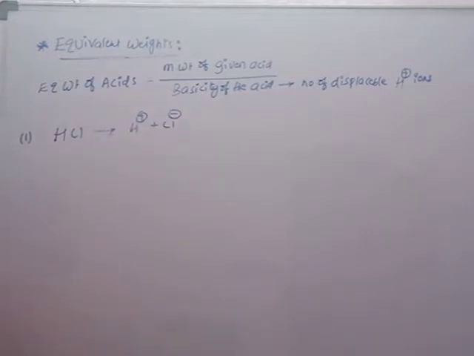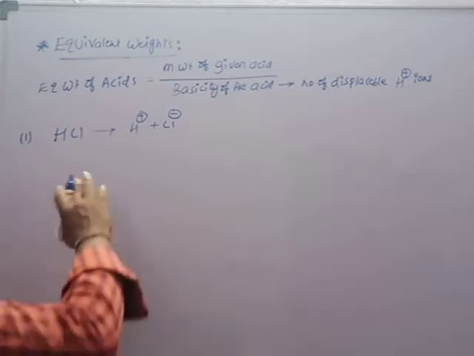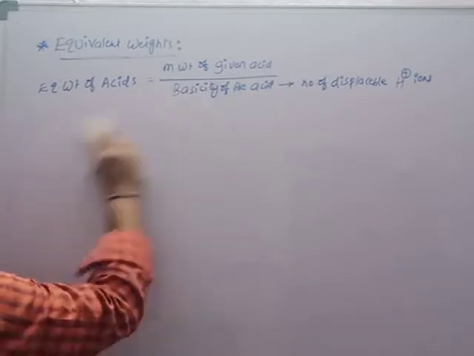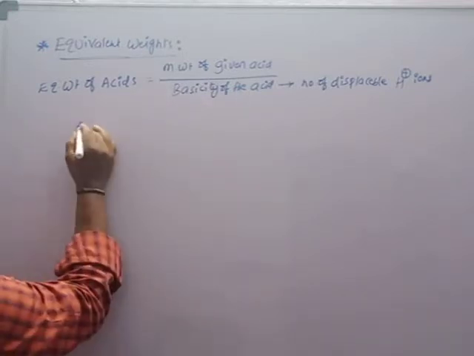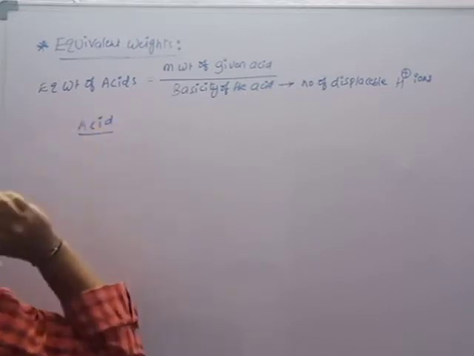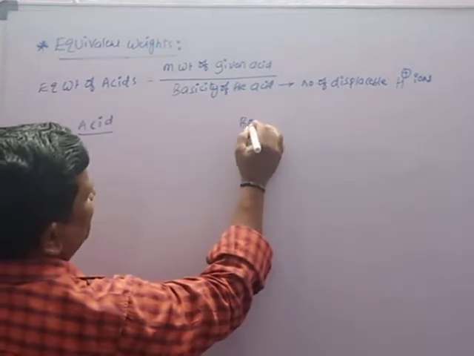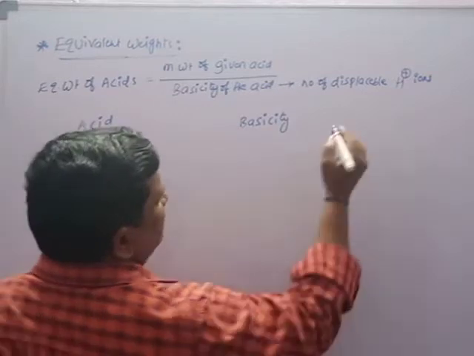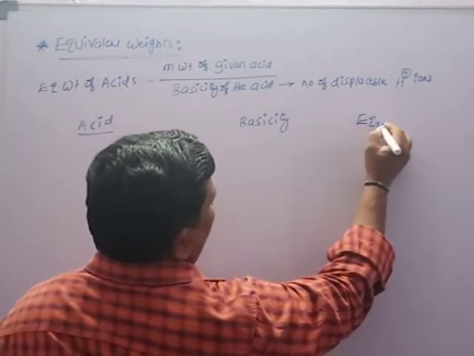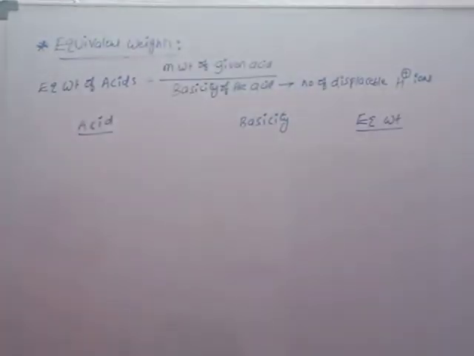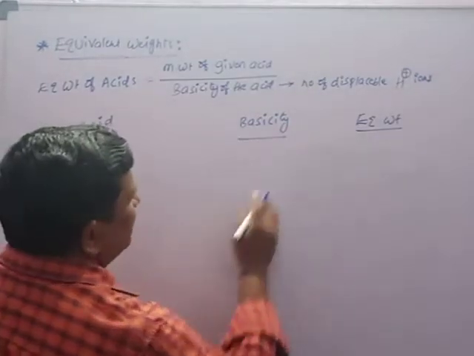Same as for example, we make a table: the first column is the acid, the second column is basicity, and the third column is equivalent weight. EQWT means equivalent weight. So these are the three columns.